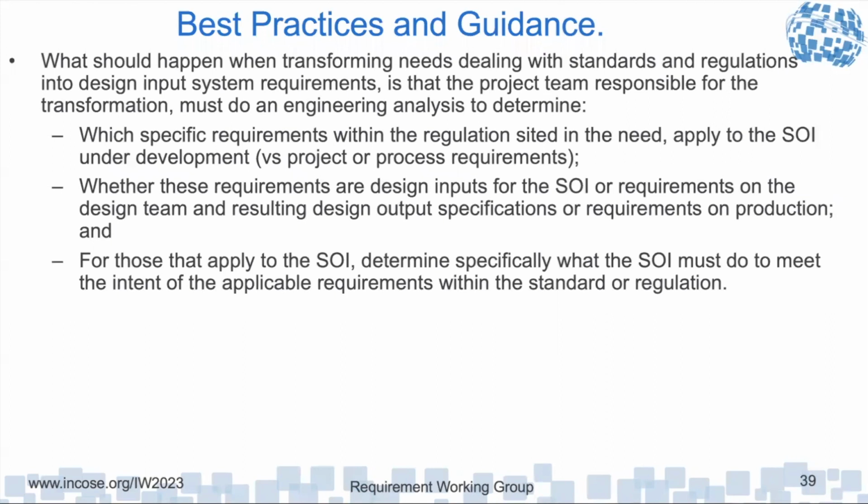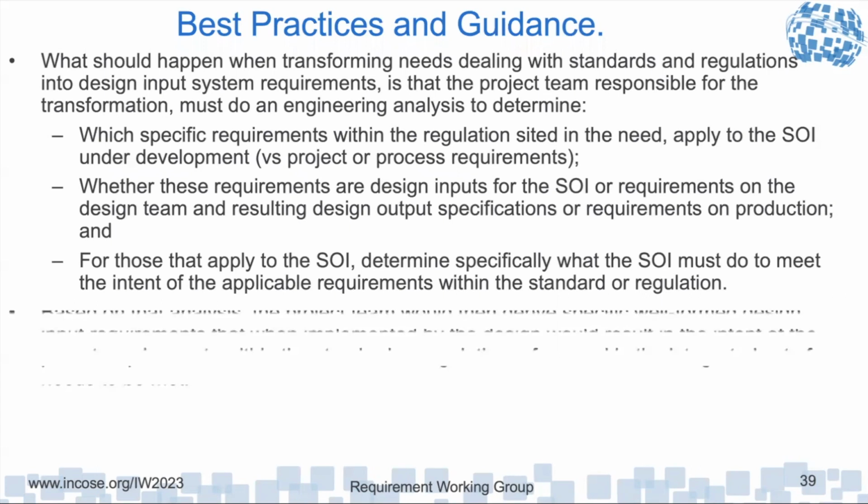And for those that apply to the system of interest, what specifically would the system of interest do to meet the intent of those applicable requirements within the standard? So you're going to write specific statements: the system of interest shall do X, Y, Z, as a well-formed requirement that can be traced back to the parent requirement in the standard or regulation.